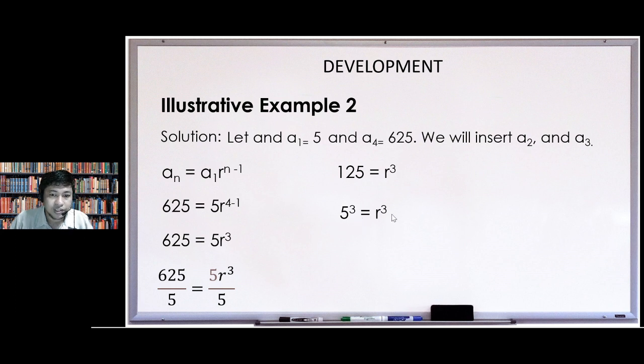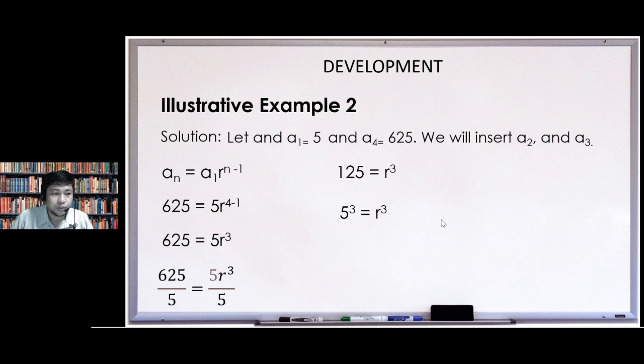Why? Because the exponent here is an odd number. Meaning to say, if you will be using negative 5, this will become negative 5 times negative 5 is positive 25 times negative 5 is negative 125, which is not the correct common ratio.